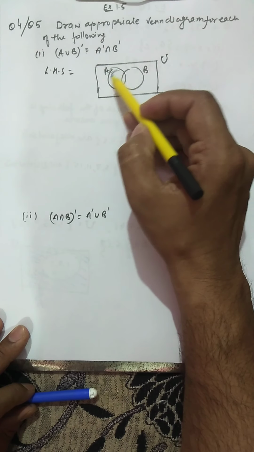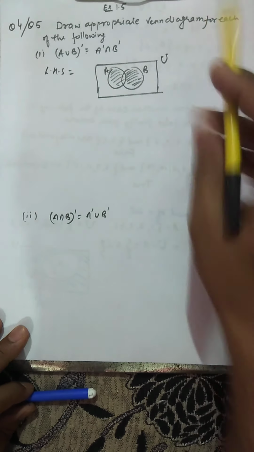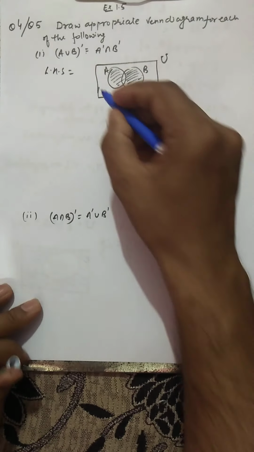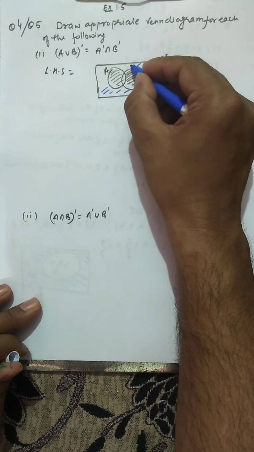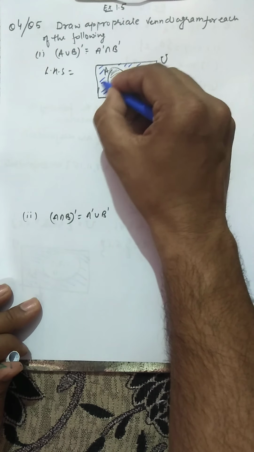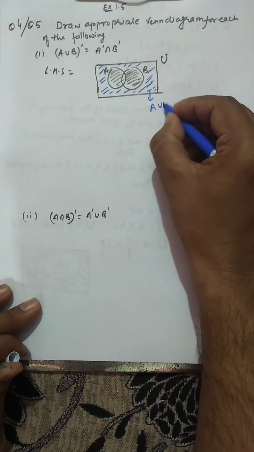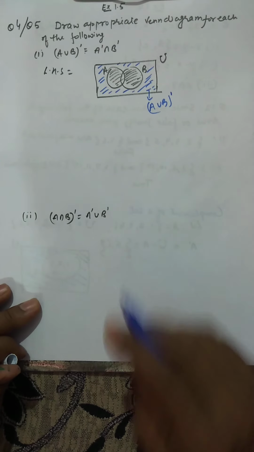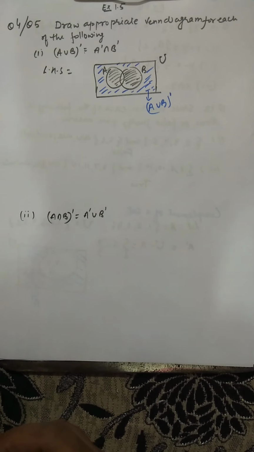This area is my A union B. So for (A union B) complement, I'm using this color. Whatever area is coming outside of this black area is your (A union B) complement. So this way you can show (A union B) complement. So the left hand side is shown.